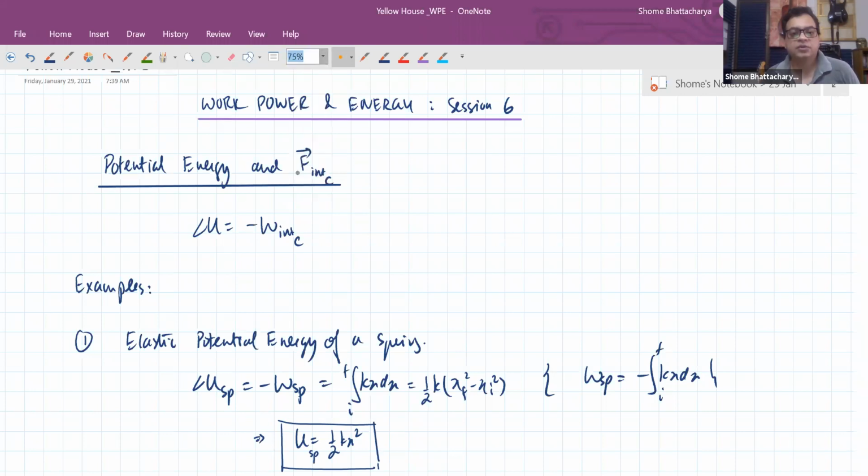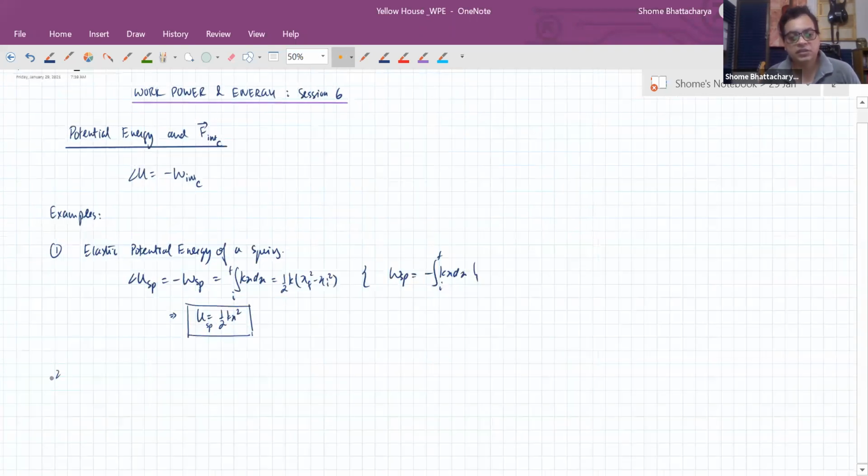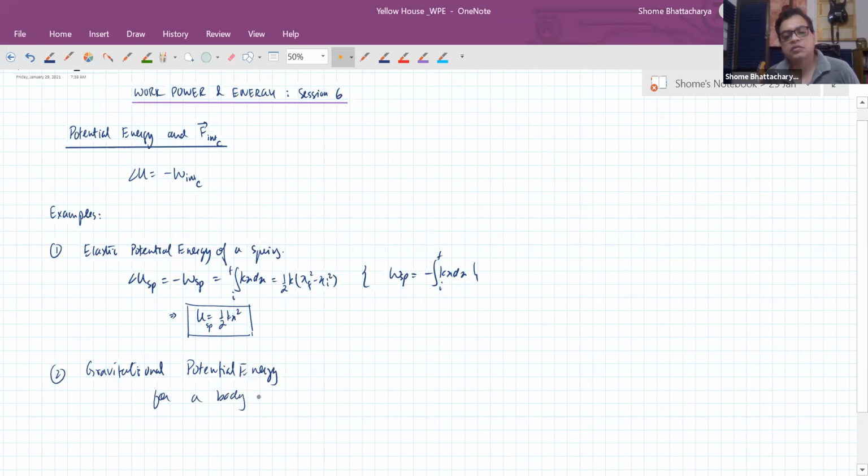And next up, we had seen gravitational potential energy. This we had seen for a specific condition, for a body of mass m near the Earth's surface.